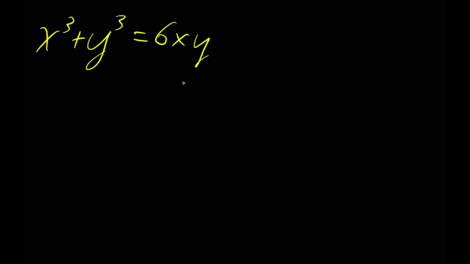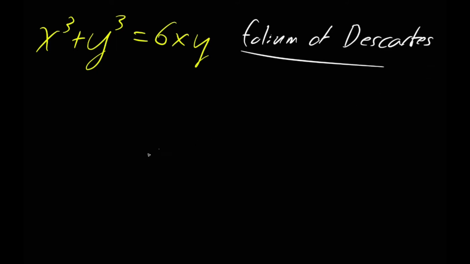Now, I like it when equations have names because it means that they're interesting. This has a name: it's called the folium of Descartes, and I'll show you what that looks like.